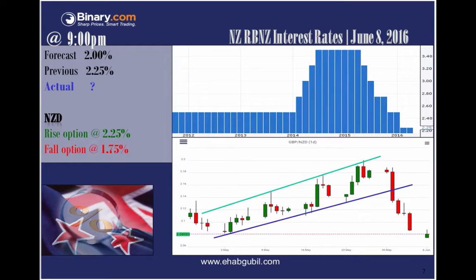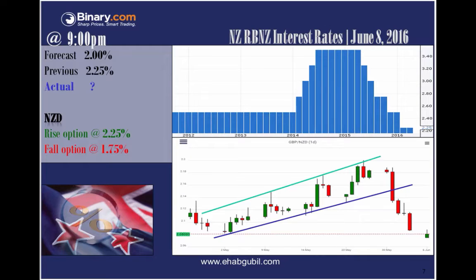The second event we will watch this week is the New Zealand interest rate, which will be released on June 8 at 9 p.m. GMT. The RBNZ interest rate decision is expected to cut by another 25 basis points, but since there is a small group of analysts forecasting a no change verdict, anything is possible.